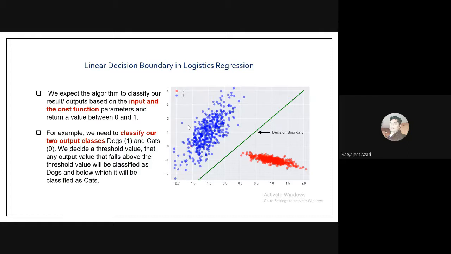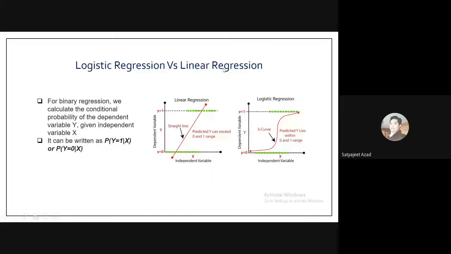Now, logistic regression versus linear regression. In linear regression or multiple linear regression, the value of y, the predicted value or the forecasted value, can go beyond 1. It can also take a negative value.